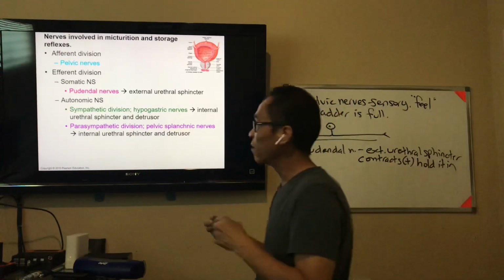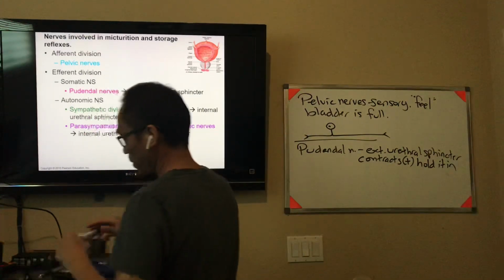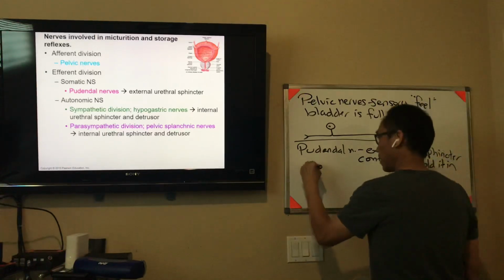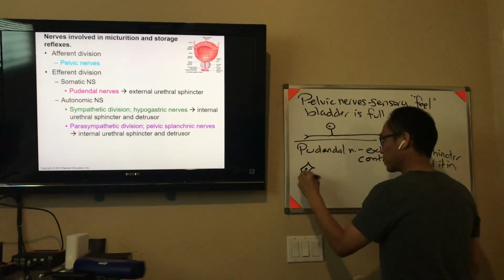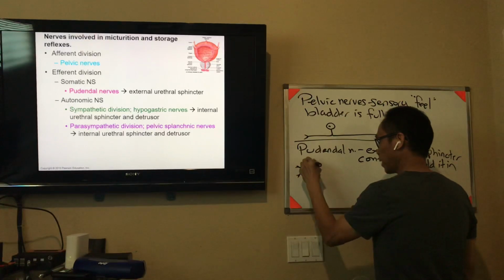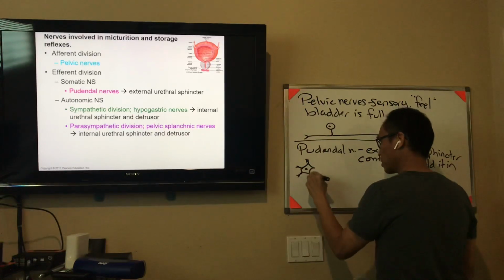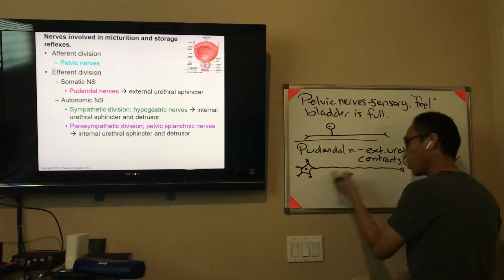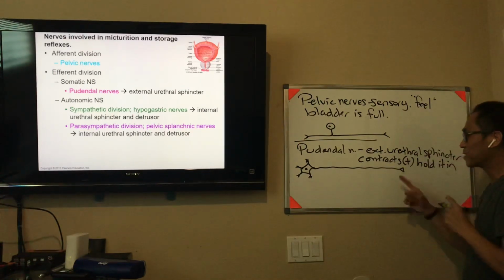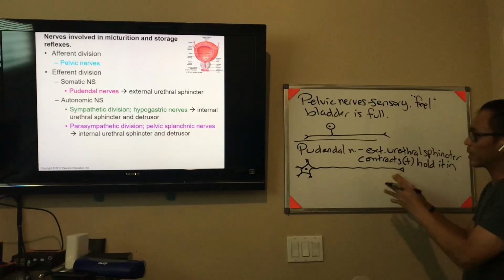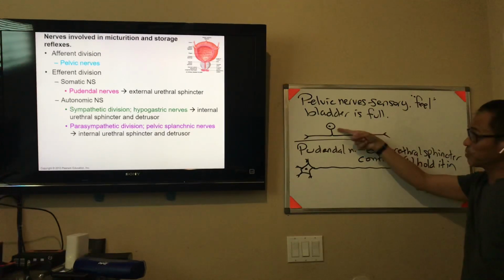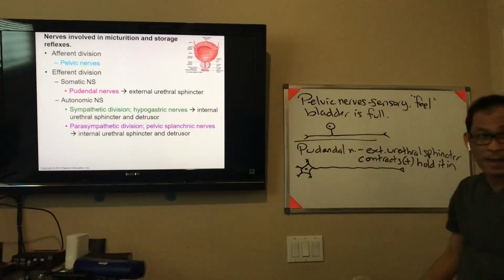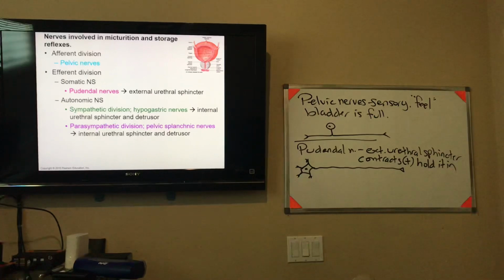Let's remember that for the somatic division, the cell body is in the ventral horn of the spinal cord, and it's multipolar, right? It's got dendrites and whatnot, but then it has one long axon, this multipolar design. That's the design of a somatic motor neuron as opposed to the sensory neuron here. So somatic motor, sensory, right? You should remember that. Take a picture of this.